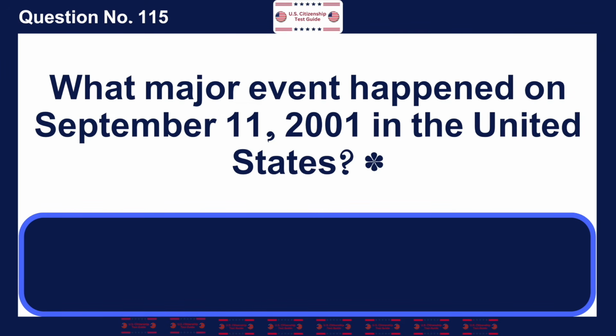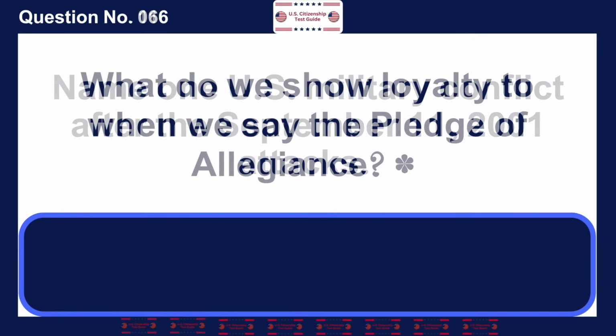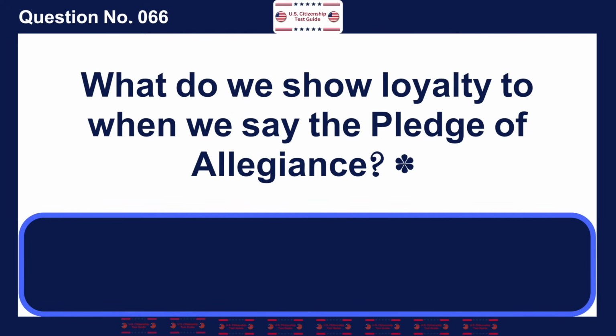What major event happened on September 11, 2001 in the United States? Terrorists attacked the United States. What do we show loyalty to when we say the Pledge of Allegiance?